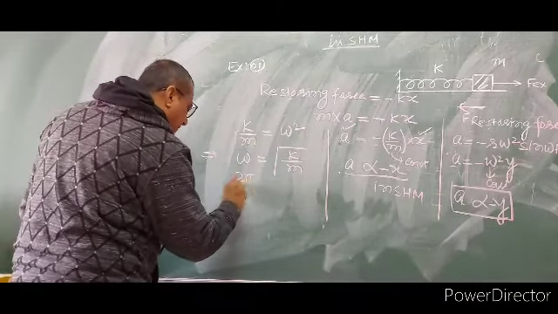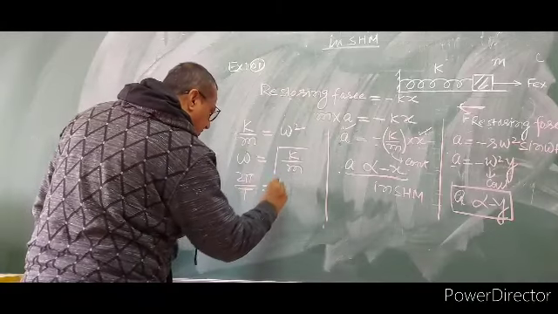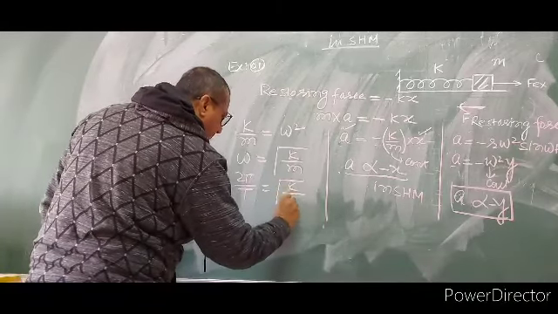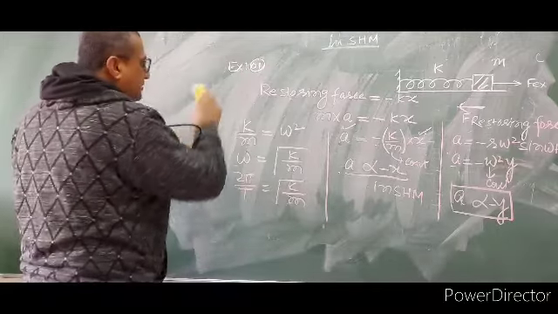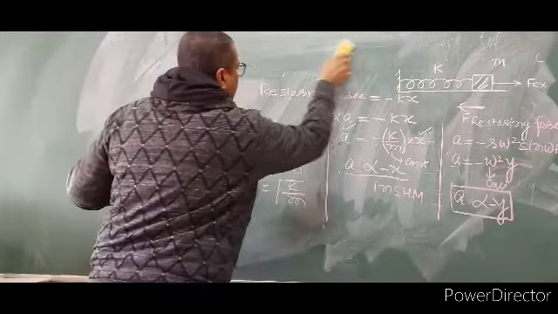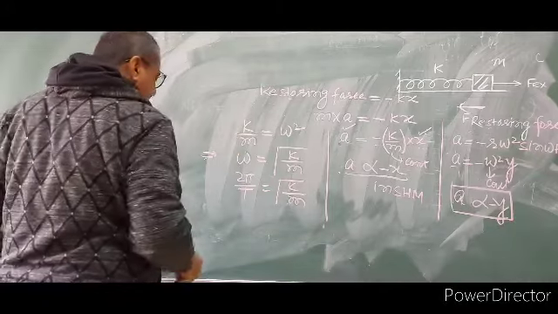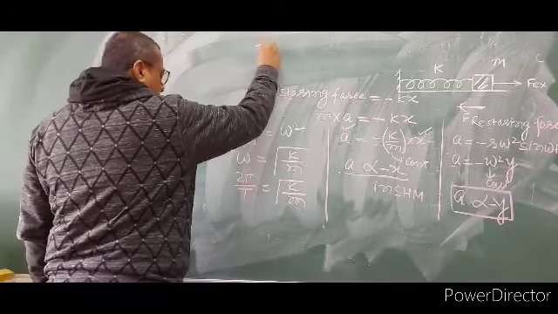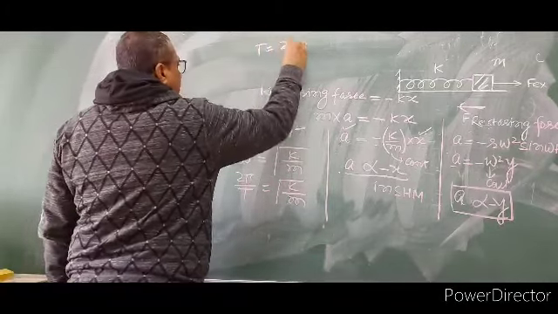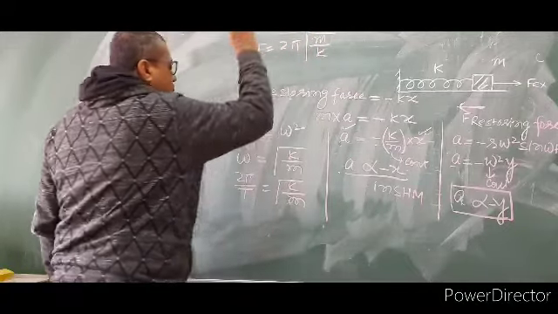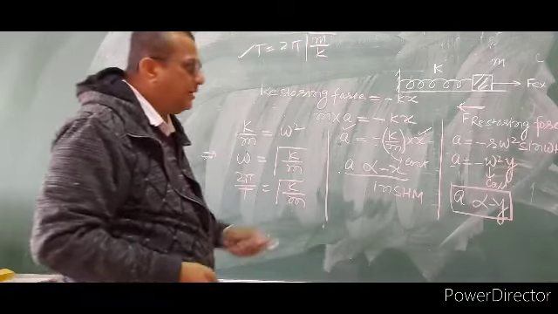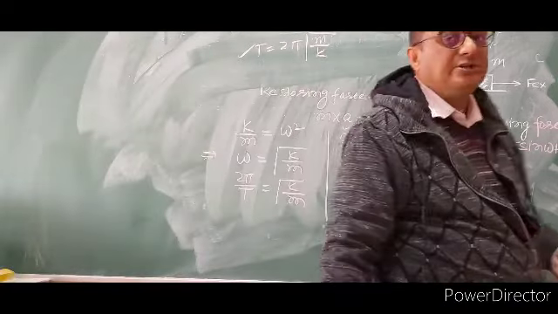If we write 2 pi by T, equal to under the square root k by m, then we can calculate the time period of the system in SHM equal to 2 pi root over m by k. So we got the time period of a system executing in SHM.